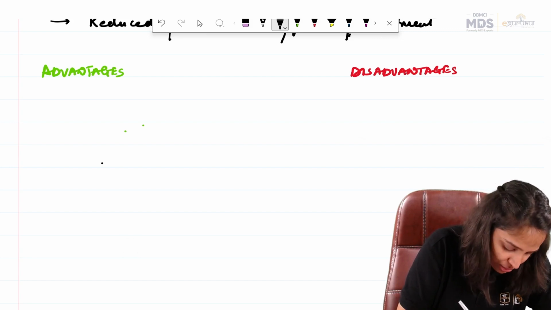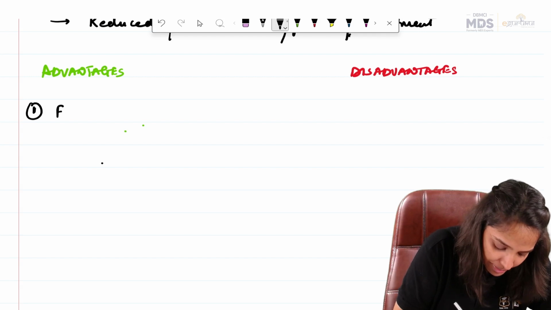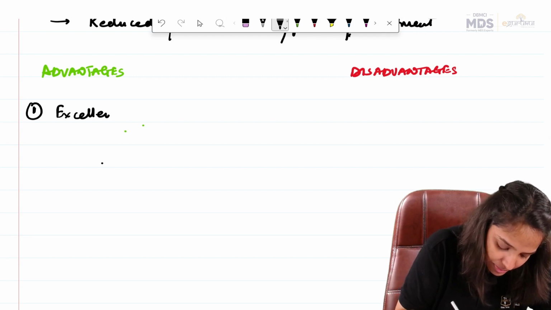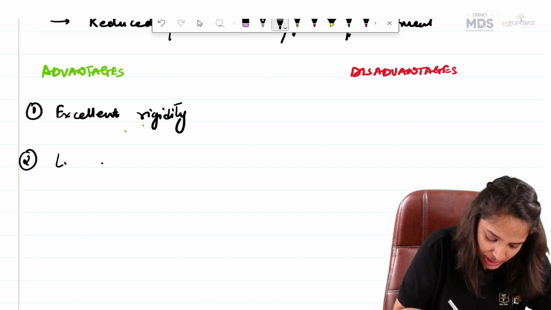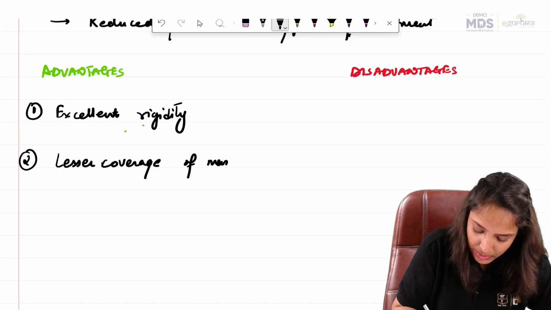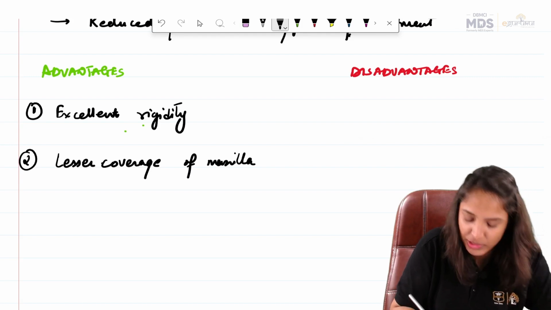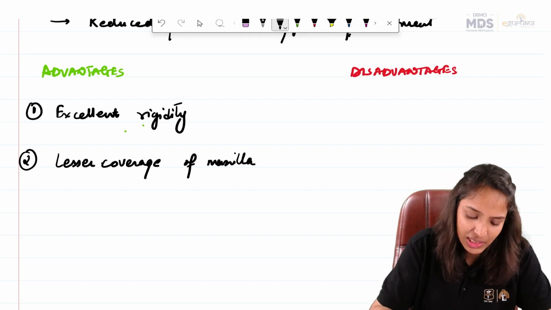Now first let us look at the advantage. Because of its L-beam effect, it will have excellent rigidity. Second advantage is lesser coverage of maxilla. That is in comparison to a complete palate. You have lesser coverage of maxilla. So that is an advantage.